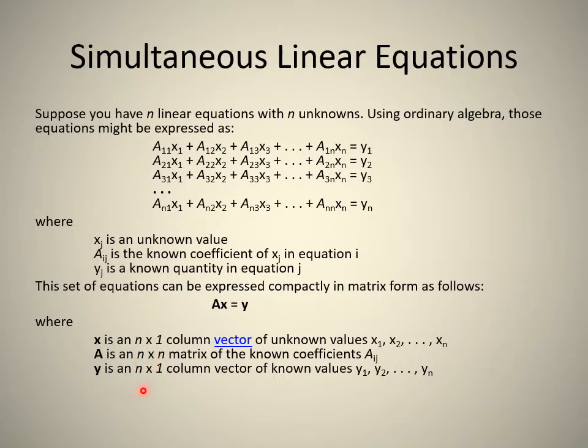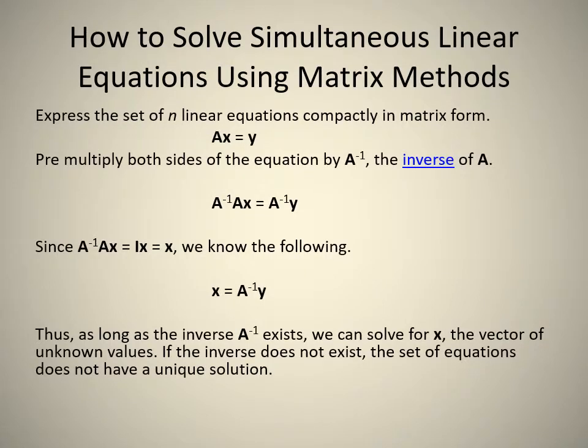And Y is then also a column vector, with the number of rows equal to the number of equations, and it's obviously a column vector, so you only have one column. So we've rewritten these equations and unknowns in matrix notation.